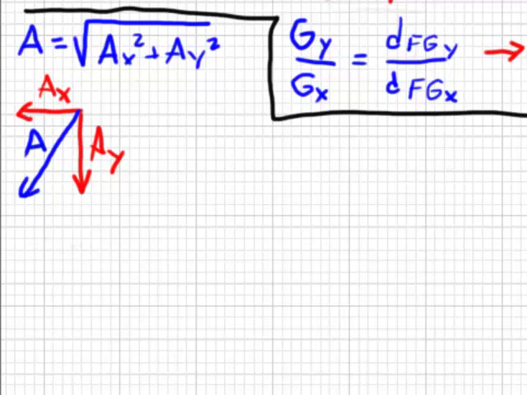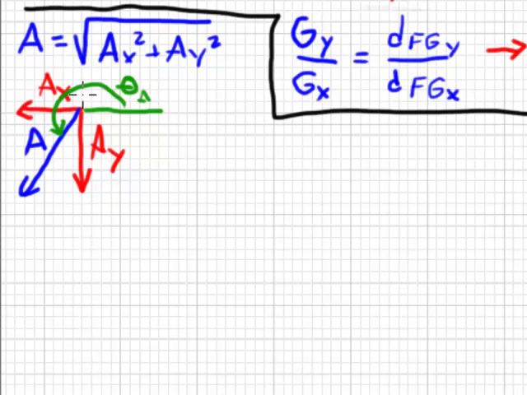In between, we will have an angle theta A. Now we will always be looking to find the angles with respect to the positive x-axis. We do this so that we have a consistent reference axis for all forces that we are considering.